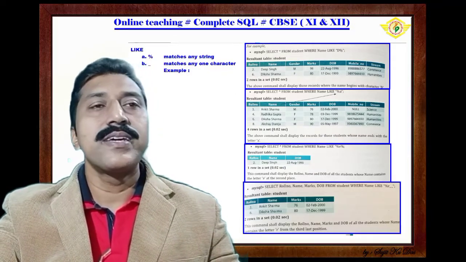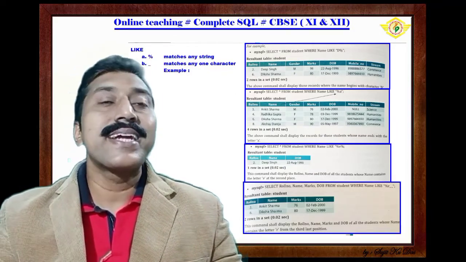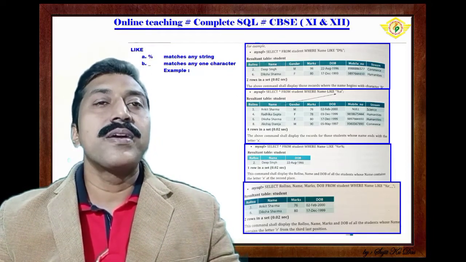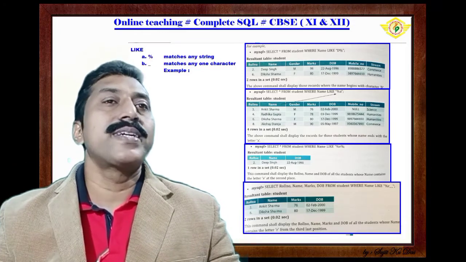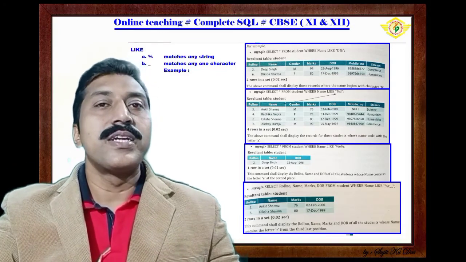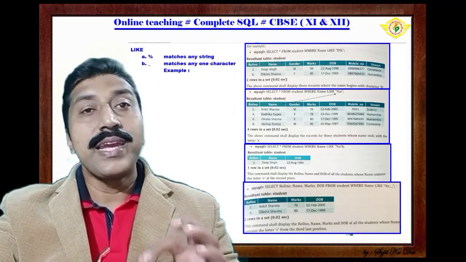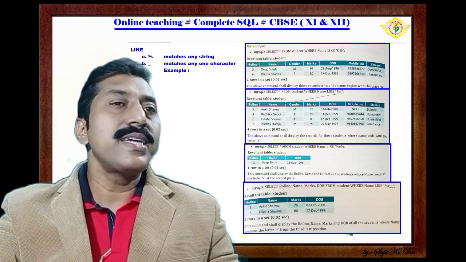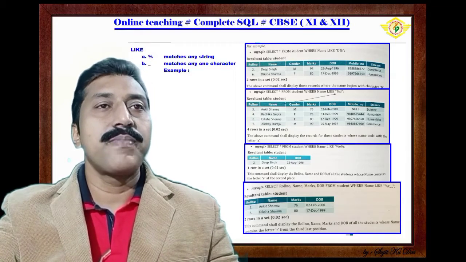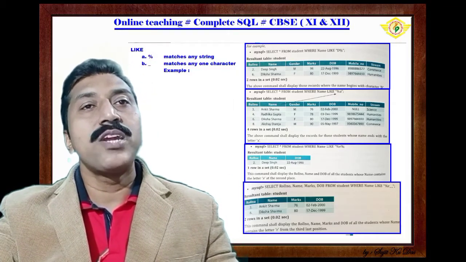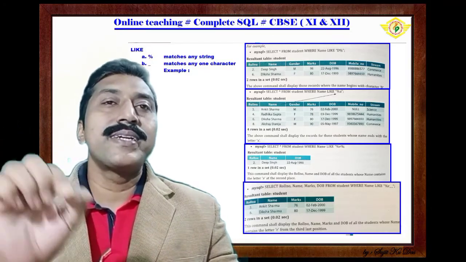So example we'll see. MySQL select star from student where name like D%. It means D% displays those records where the name begins with the character D. Another example: select star from student where name like %A.